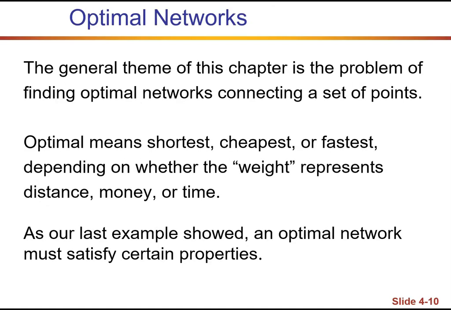Optimal networks. The general theme of this chapter is the problem of finding optimal networks connecting a set of points. So again, that means the shortest, cheapest, or fastest, depending upon whether the weight means distance, money, or time. As the last example showed, an optimal network must satisfy certain properties.